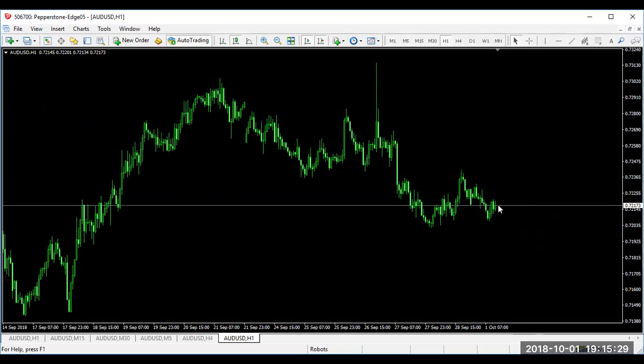Because at this point, with what confidence can you say whether it's going to go up or down? Which candle would you pick is a significant candle? Okay?